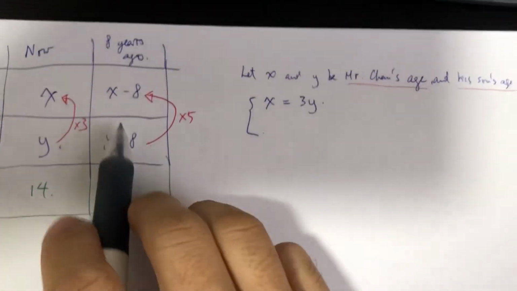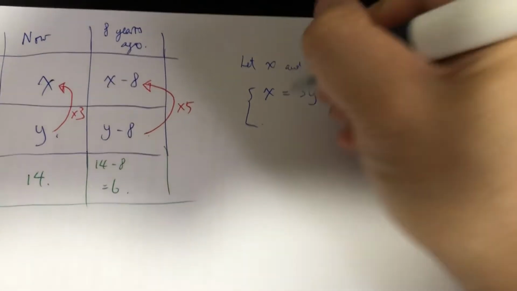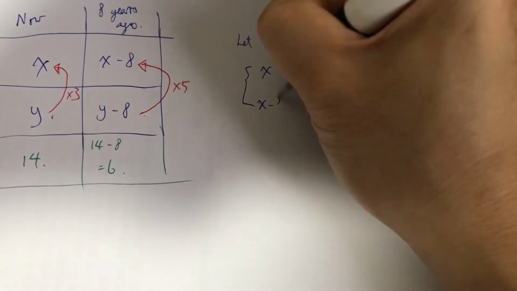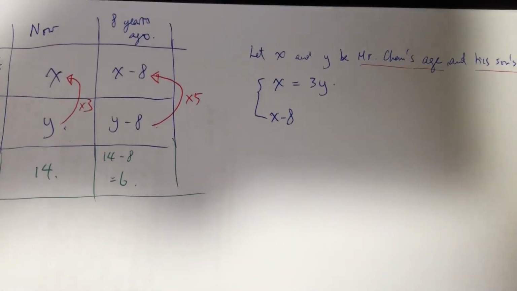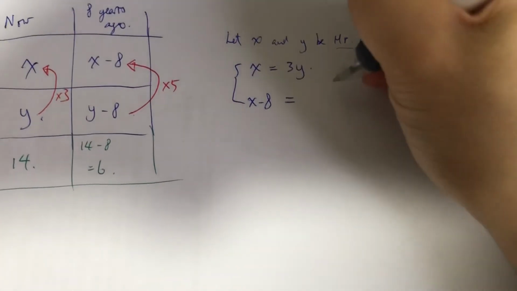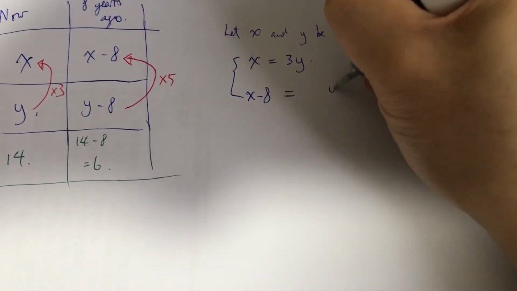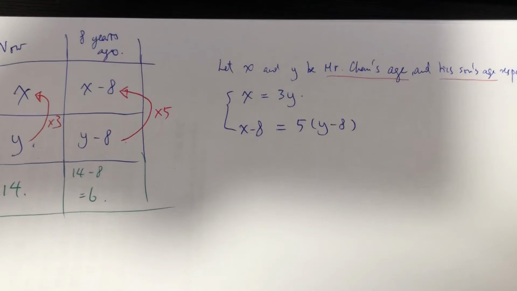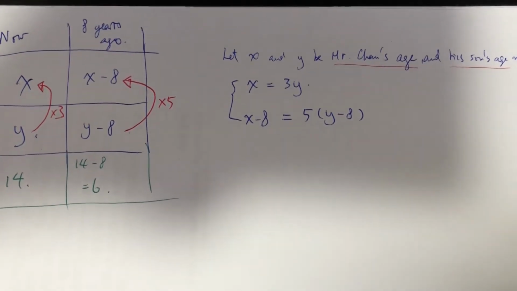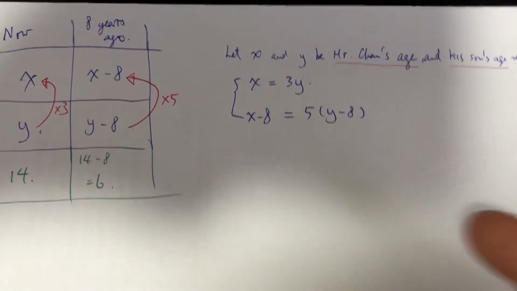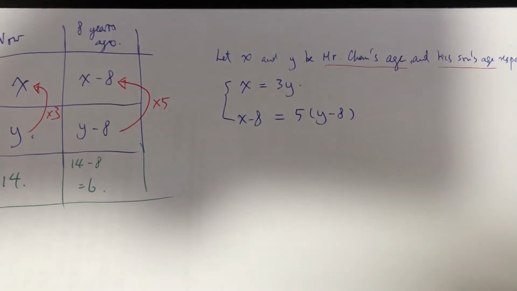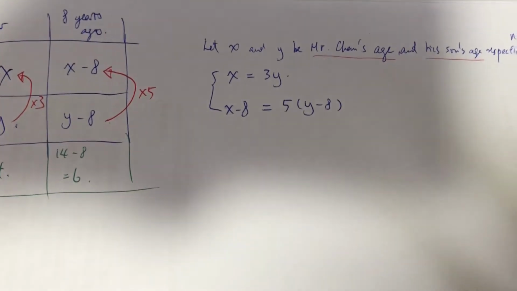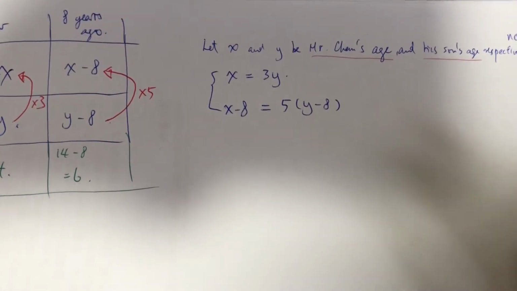For the second part, it's quite similar, but remember it is x minus 8. His son is also y minus 8, but the relation is 5 times. After that, we can write out the 2 equations. Then we just need to solve it using the method we learned.